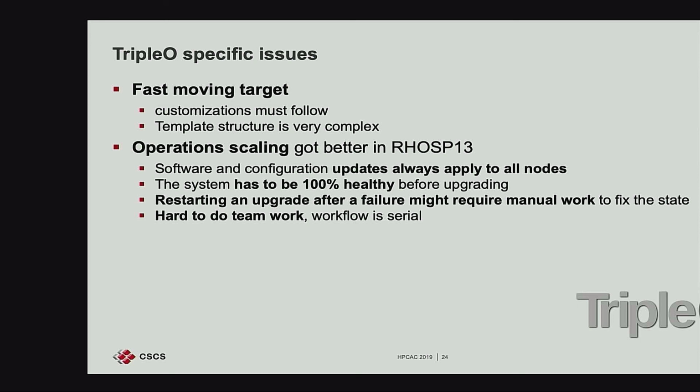And also we had some problems with scaling the operations, because we have a quite small system, which is about 25 compute nodes. But if we had maybe 200 or 300 compute nodes, the upgrade would have been taking much, much longer, especially because during the upgrade from version 11 to 12, for example, the upgrade was affecting every single node at a time, and it was taking about half an hour per node, so scaling to many, many nodes, this wouldn't work.